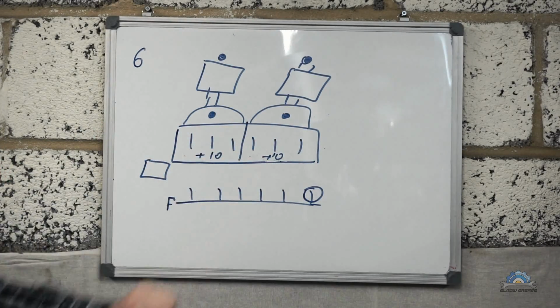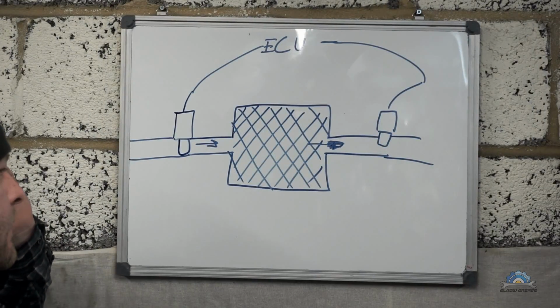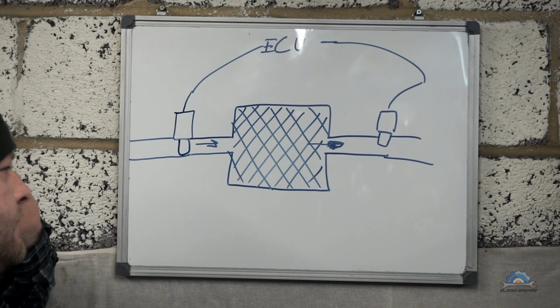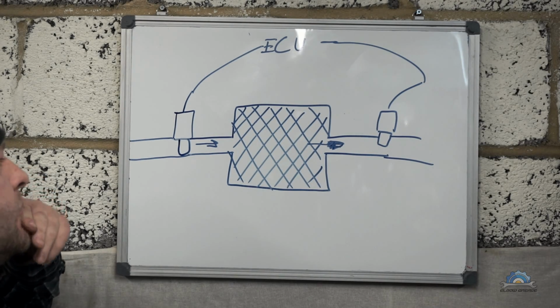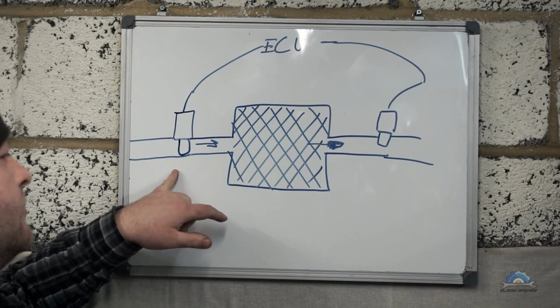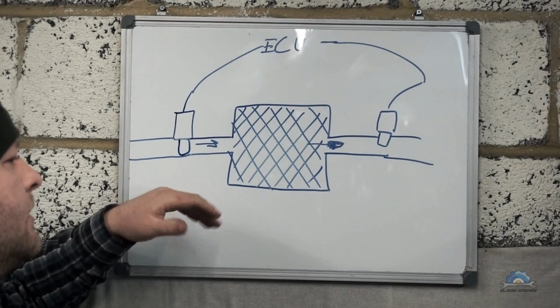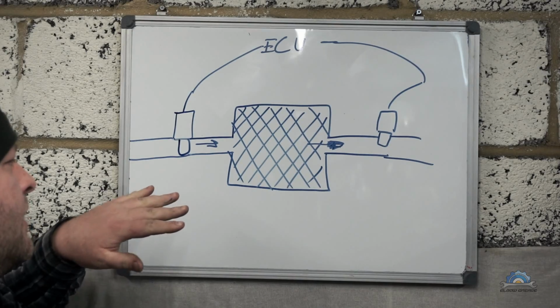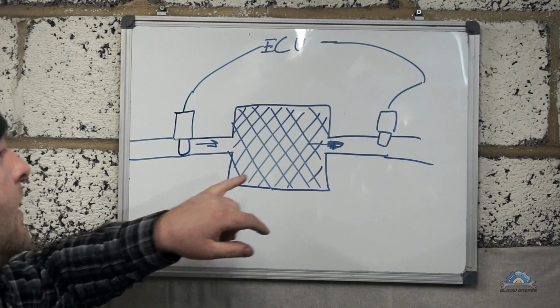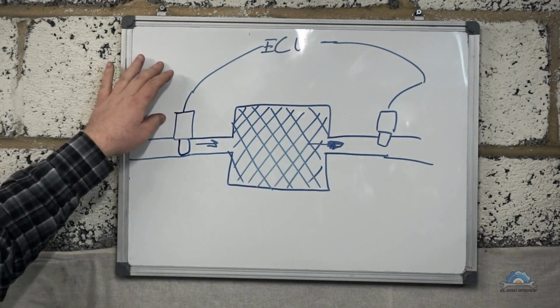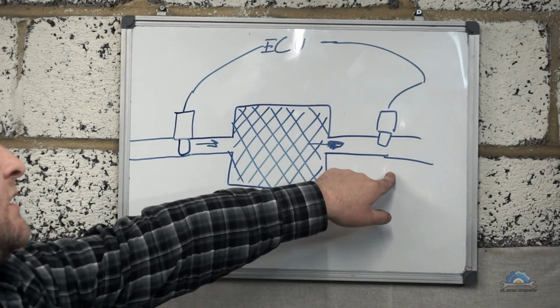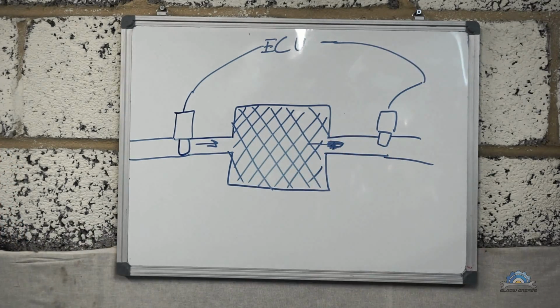Now, something for some people new, for some people not: as we know, the exhaust system, in the newer versions of cars and engines, has 2 O2 sensors. One is before the cat and one is post cat, which is behind the cat. What's happening?